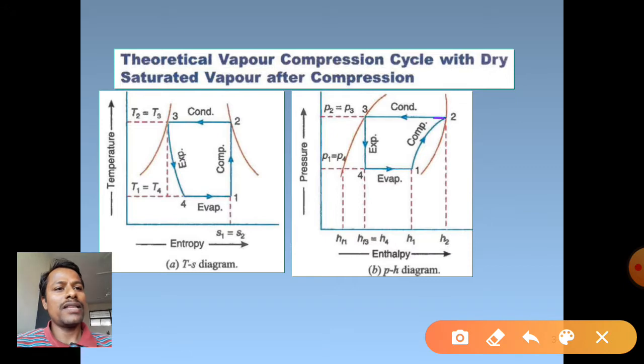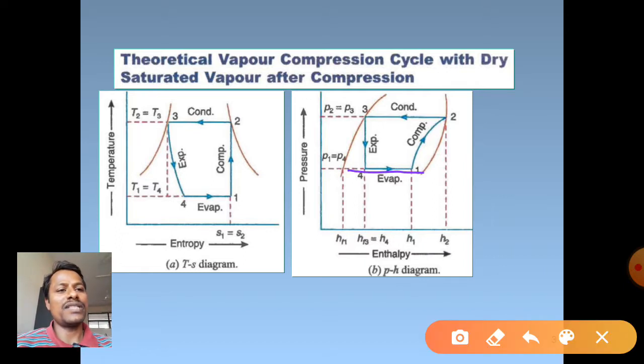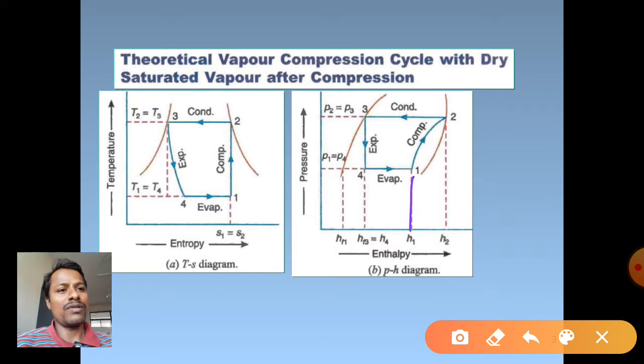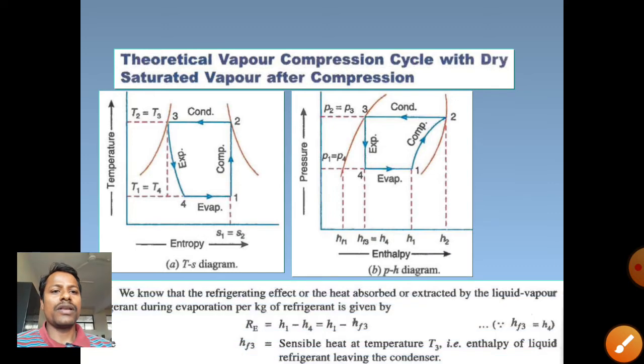As usual, the other discussion remains the same. 3 to 4 is an isenthalpic process because it is a throttling or expansion process. 4 to 1 is represented here. On the pH chart, we have H1, H2, then H3 equal to H4, and this is the condenser pressure, this is the evaporator pressure.